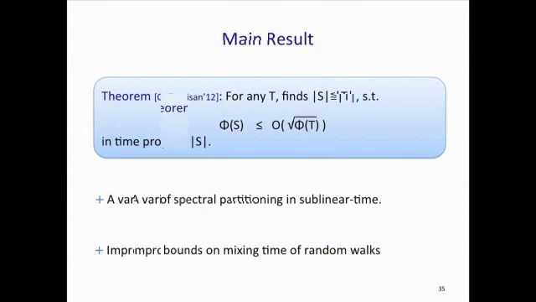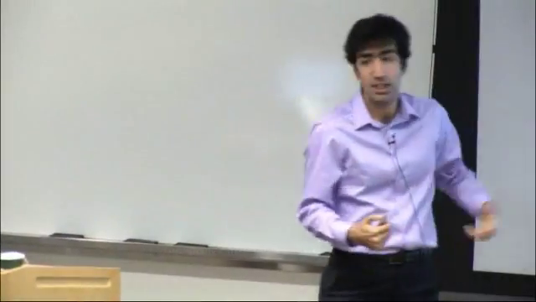Also, a weaker version of this is proved by Kwok and Lau independently. So what we show basically implies an algorithm with almost the same guarantee as spectral partitioning, but with the advantage that it can be run in sublinear time.